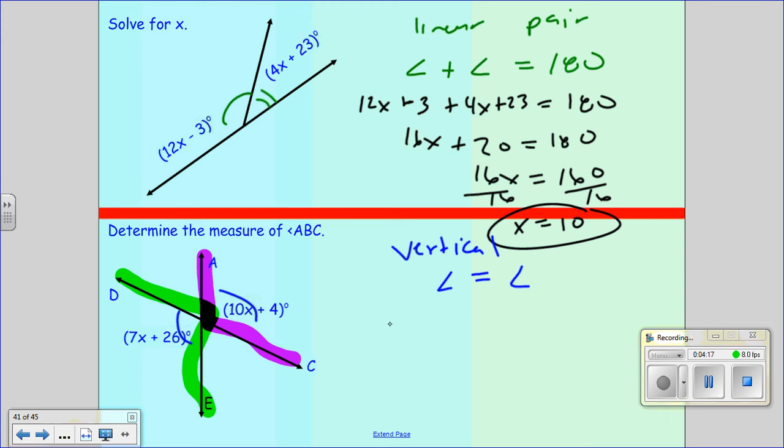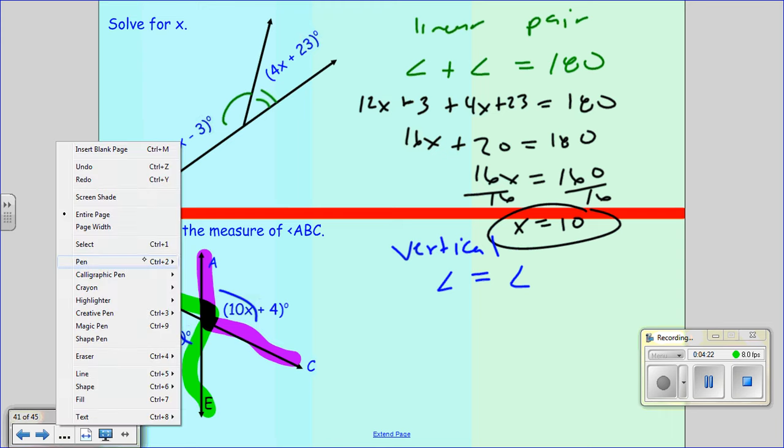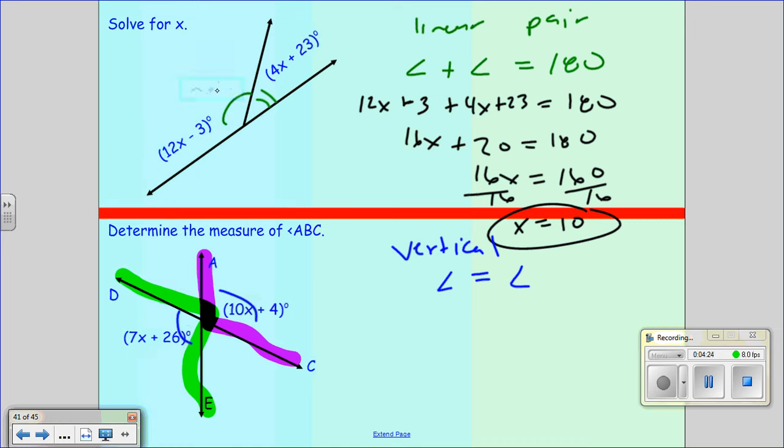Now that I know that, I can write the algebraic expression that represents each angle. So I would have 7x plus 26 equals 10x plus 4. Now I would subtract 7x from both sides, which would leave me with 26 equals 3x plus 4.